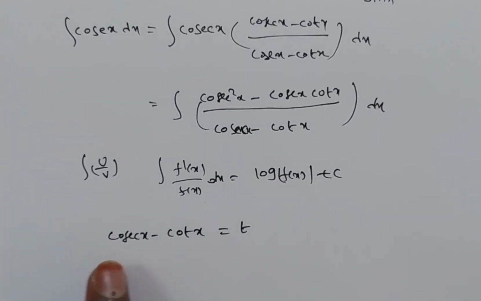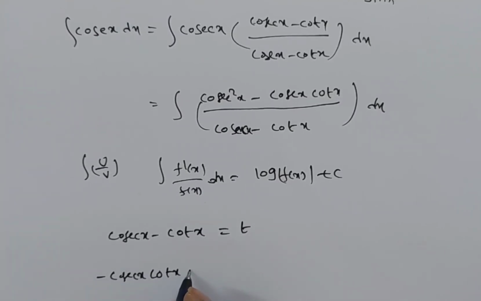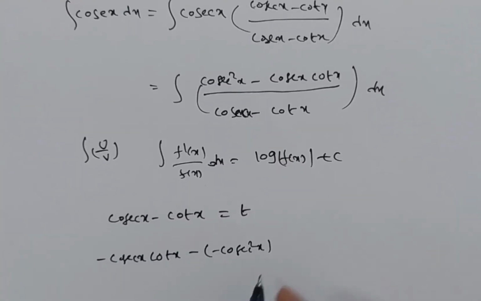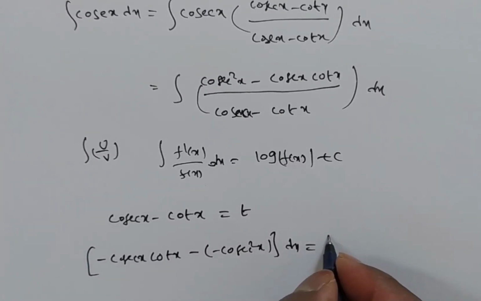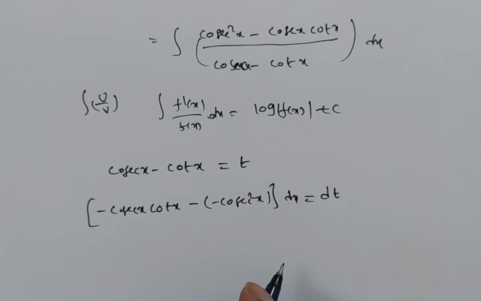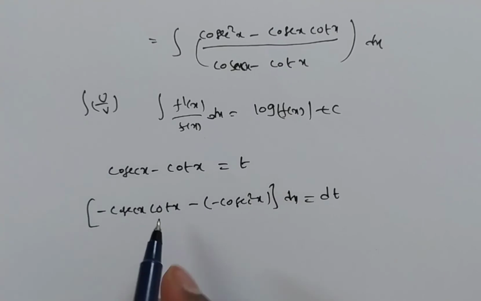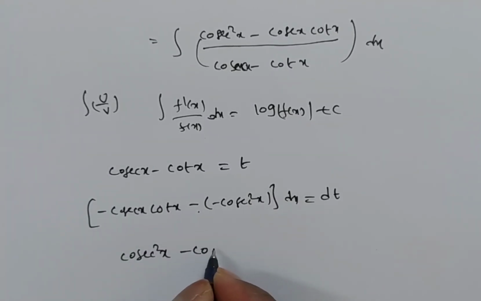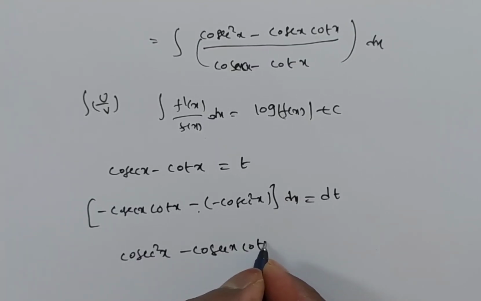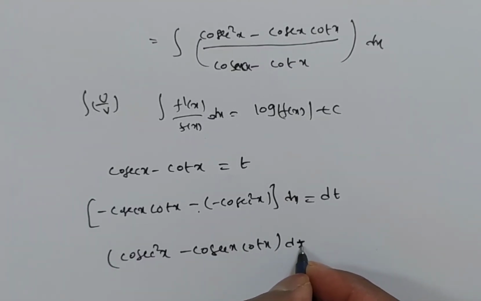Now the derivative of cosecant x is minus cosecant x into cot x, minus cot x derivative is minus cosecant square x, into dx. Here also you have dx and here also you have; I am taking common, into dt. Is it clear for everyone? Now you see in this one, multiply here minus into minus plus. So I can write this as cosecant square x minus cosecant x into cot x dx is equal to dt.